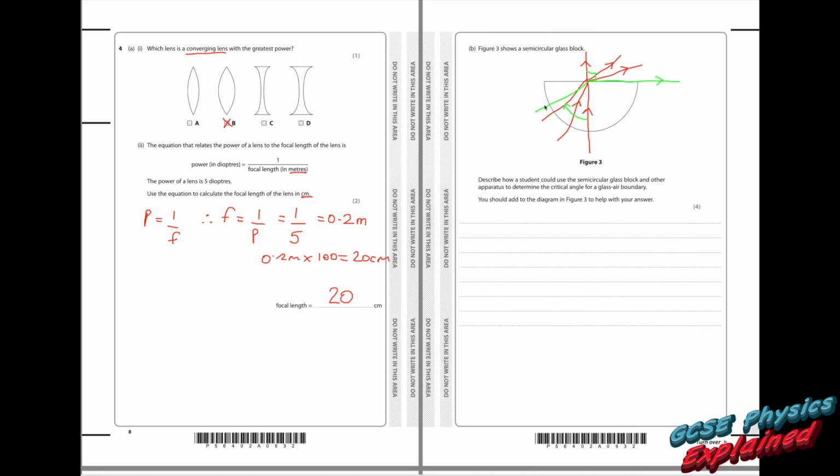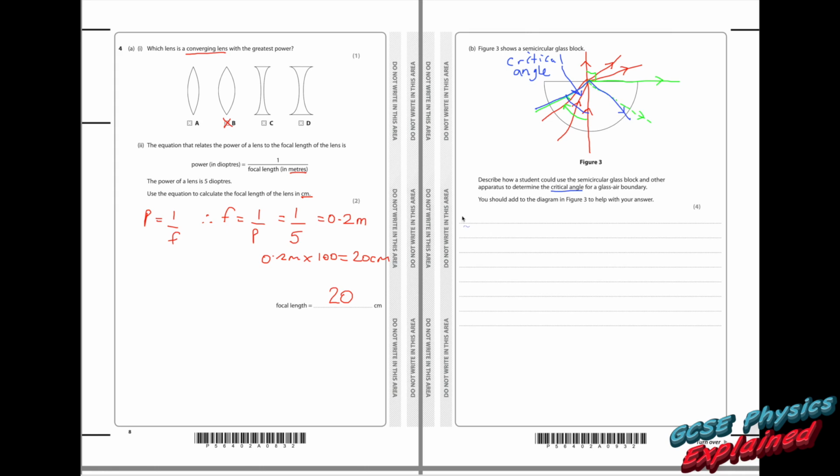And what will happen is at that point light will start to bounce back inside like that. That's total internal reflection. So that angle there is what we call the critical angle. It's the angle at which total internal reflection happens.